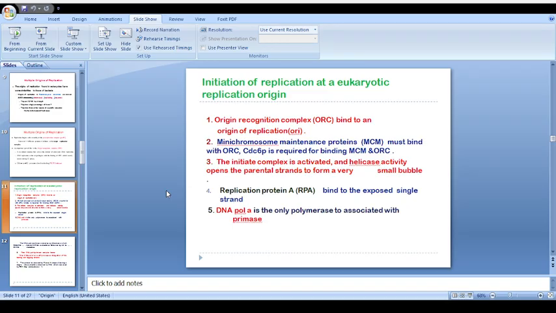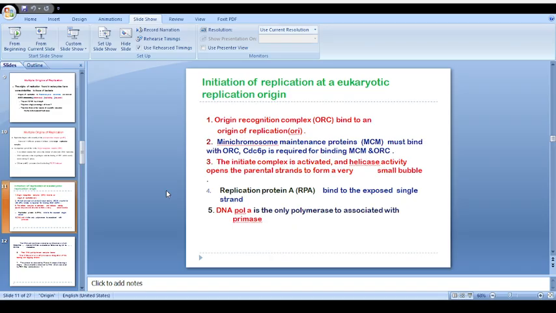In the same manner here, the binding of MCM with ORC with the help of CDC6P is responsible for the activation of helicase and unwinding of the DNA, that is separation of the DNA. It breaks the hydrogen bonds between the parental double helical DNA, and it gets separated into small bubbles.